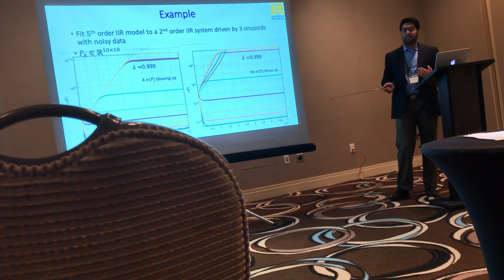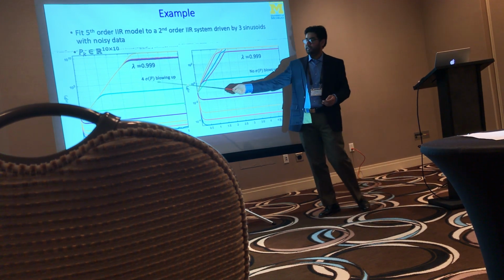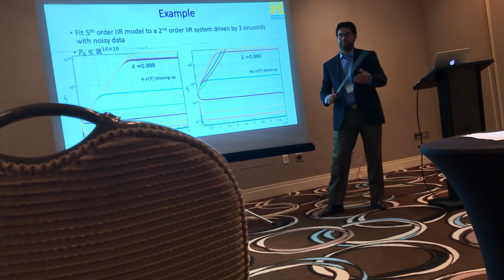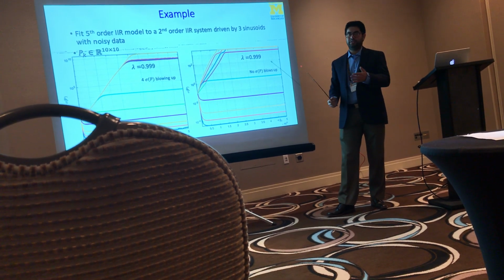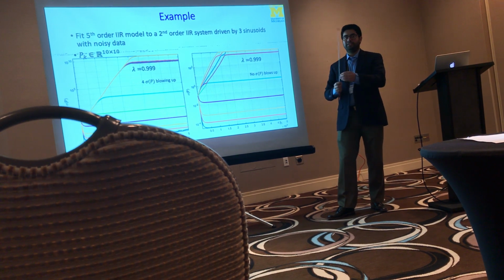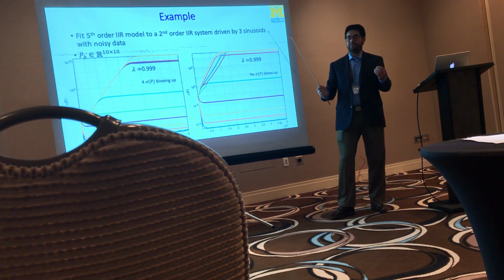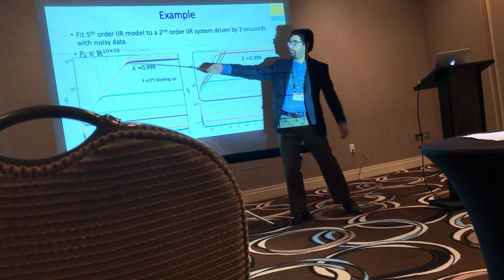And what if we had noisy data? Noisy data actually helps standard forgetting, because in that case, P_k is going to have information contained in every direction, but the noise is not going to have the same information that your actual data has. So eventually it does converge, but look at the numbers, 10 to the 10.